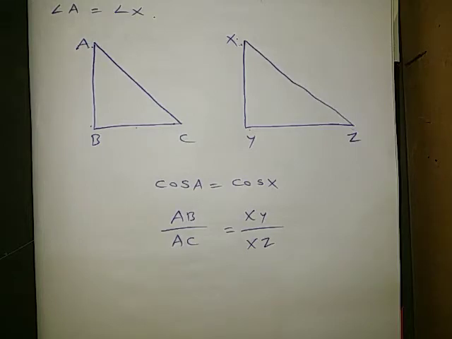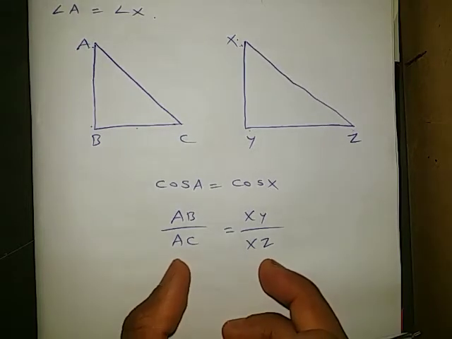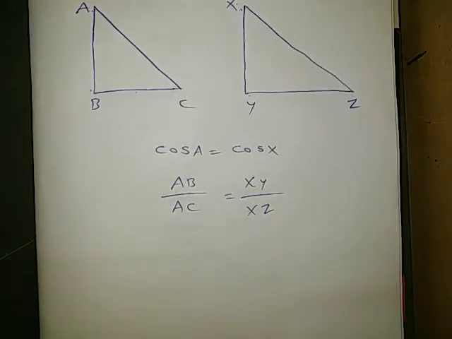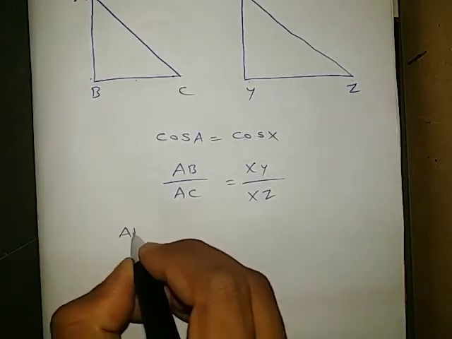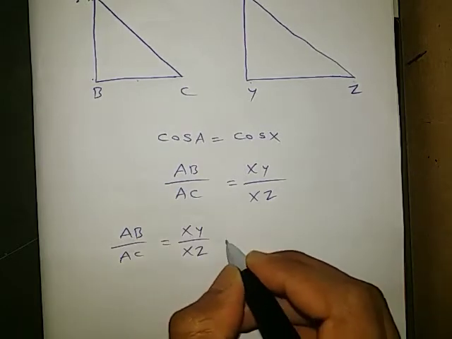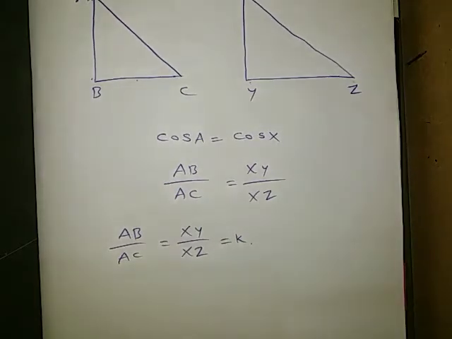So these two are equal to some constant K: AB by AC is equal to XY by XZ is equal to K.